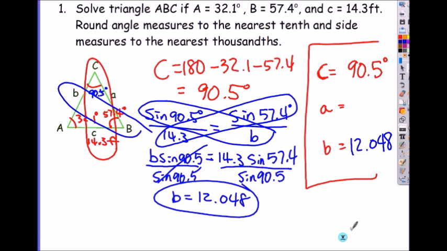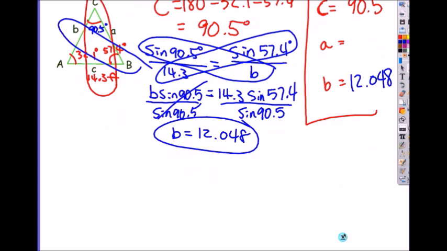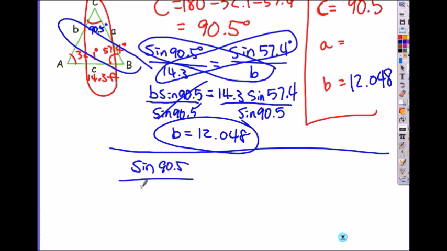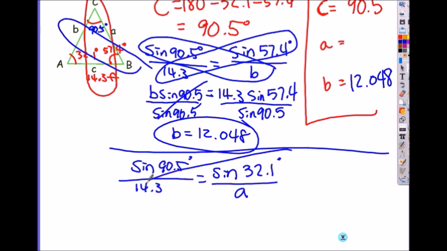What would you do to solve for A? You will do the exact same thing. And now you have B, but still go ahead and use sine of A over A, because that can be wrong, right? They gave you the length A. So again, go back to sine of C over C, 14.3, equals sine of A, which is 32.1 degrees, over A. So cross multiply them.